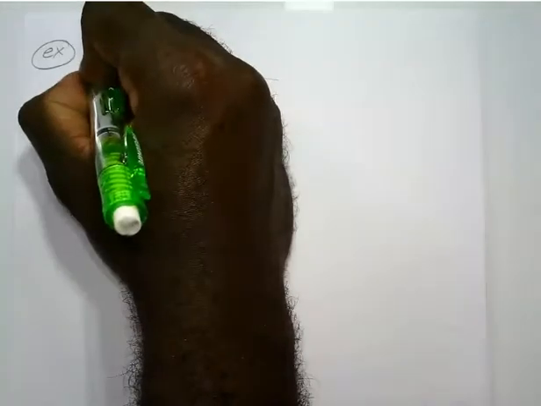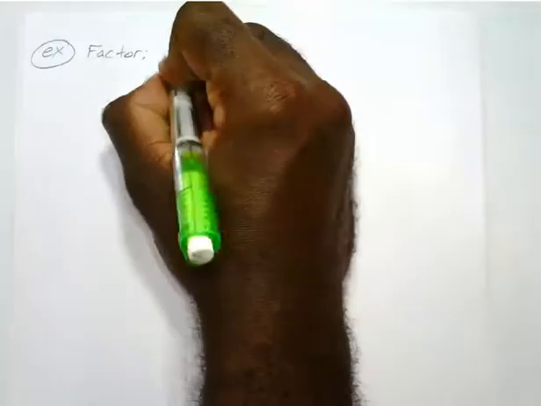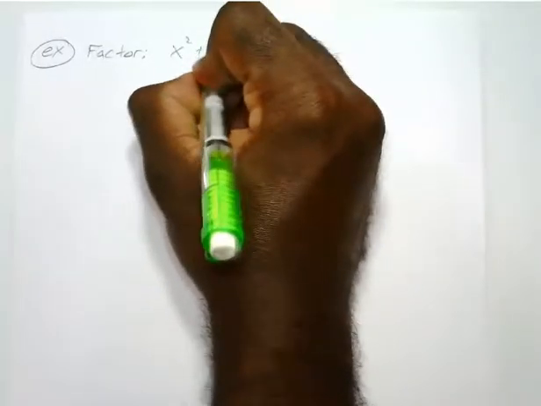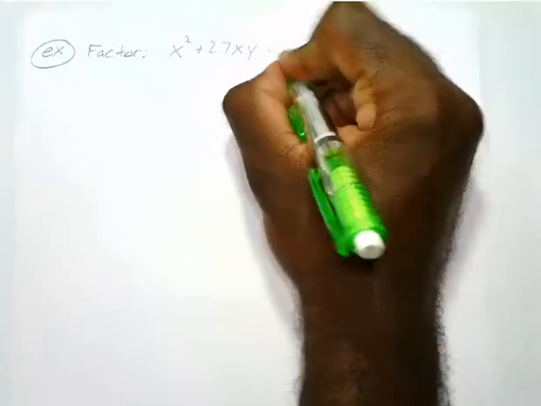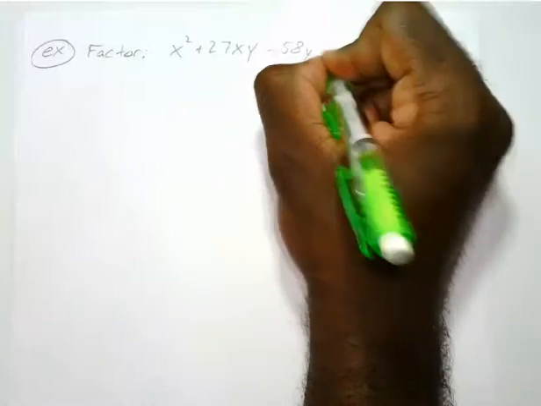Okay, so let's say, for example, you want to factor, let me write out the actual directions, factor x squared plus 27xy minus 58y squared.